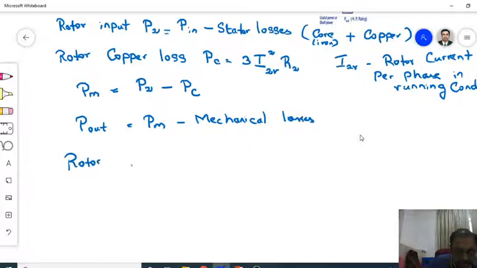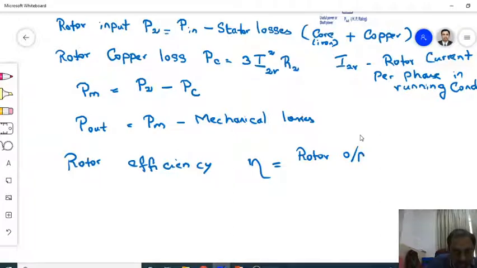And the rotor efficiency, eta, equals rotor output by rotor input.